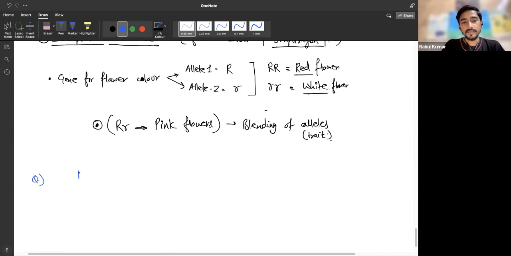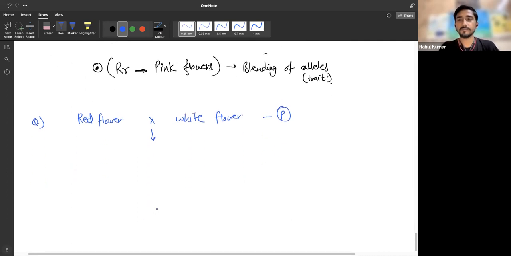Write down: a red Snapdragon flower crossed with a white. Start from the basics. These are the parents. What will be the genotypic and phenotypic ratio in F1? Quick, now this has to be fast.